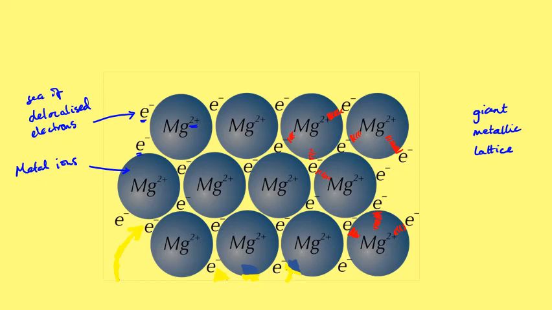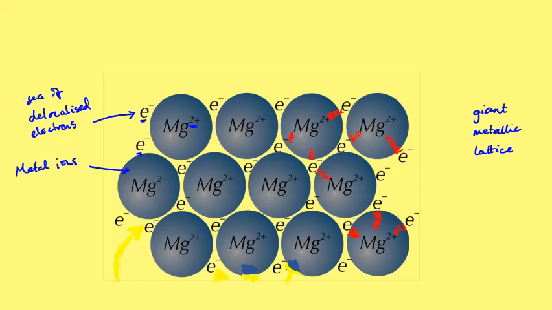You're going to have billions of these tiny electrostatic attractions between the sea of electrons and the positive metal ions, and that becomes the metallic bond. And it's quite strong. As you know, most metals are solid at room temperature with melting points up to, in the case of tungsten, about 3,400 degrees Celsius.